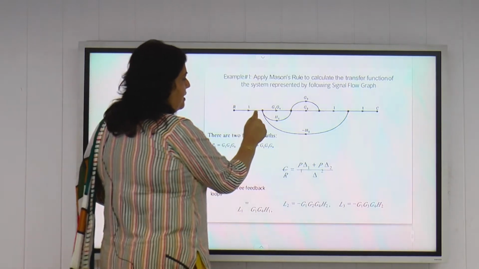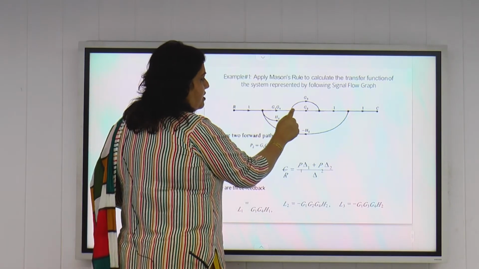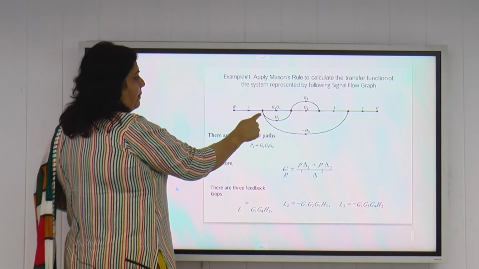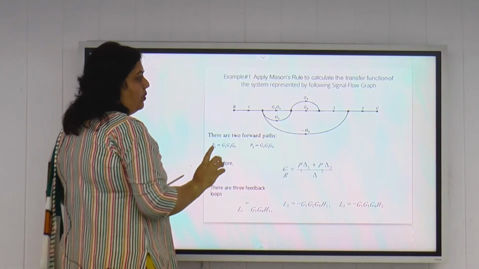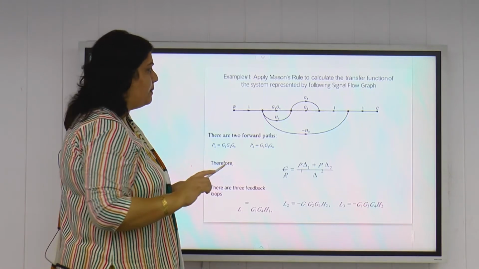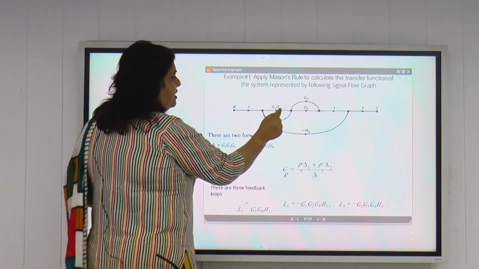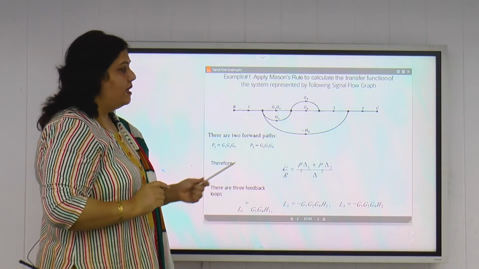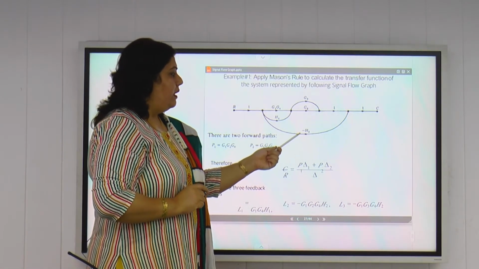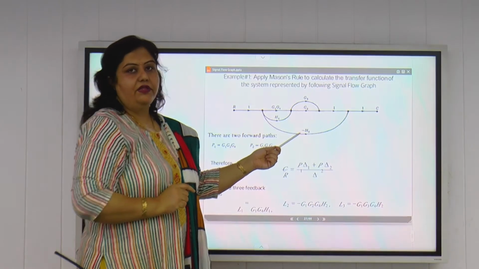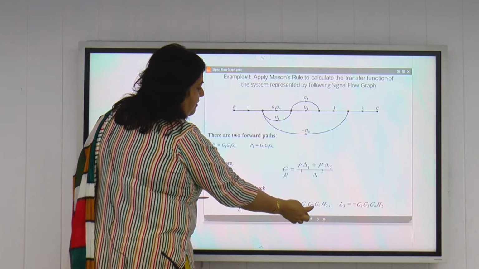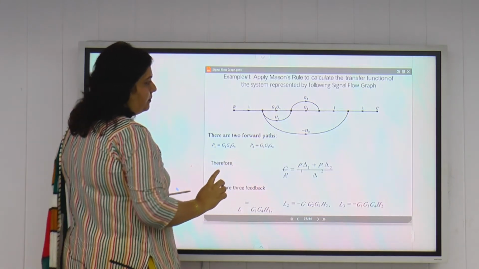The second loop is this: we start from this node, we go to this node, then this node, then this node, and through this feedback path we again come to this node. So no node is encountered more than once in this path. So the transfer function will be G1, G4, G2 into 1 into minus H2. We also take the sign because this is the negative feedback. So the overall transfer function L2 will be equal to minus G1, G2, G4 into H2.